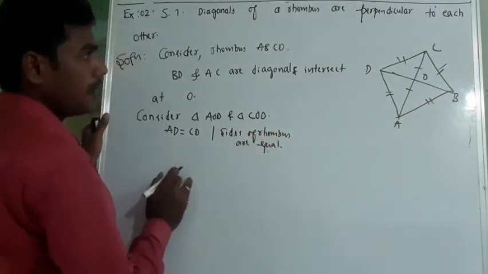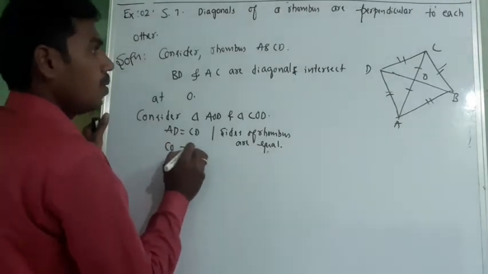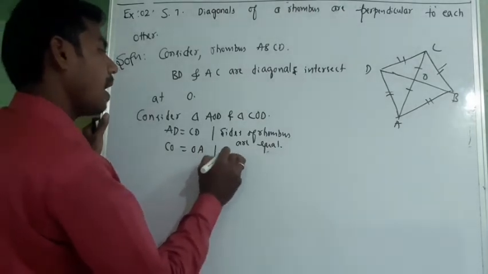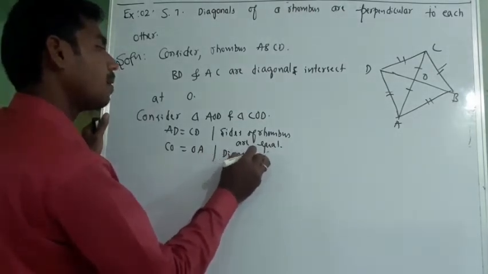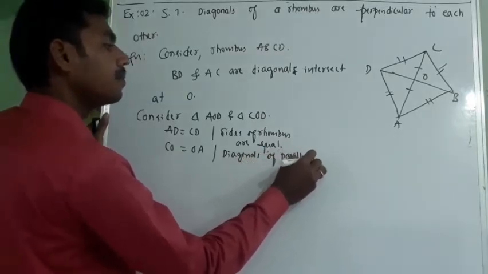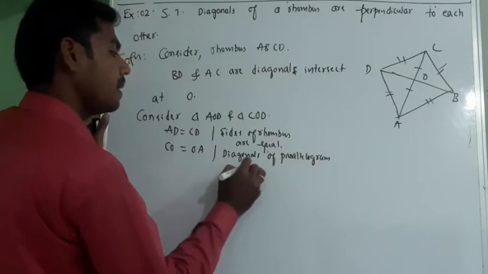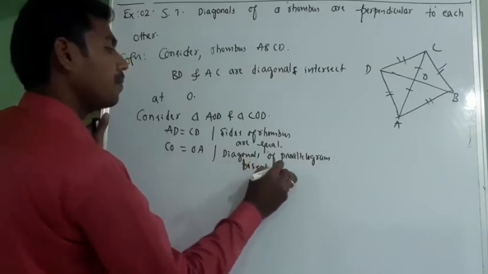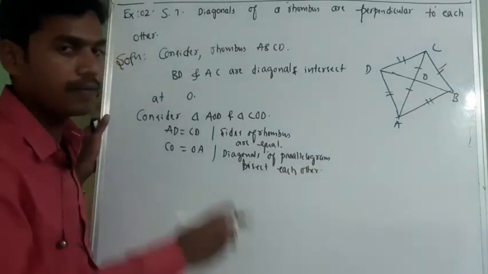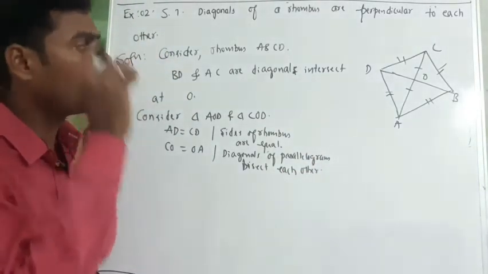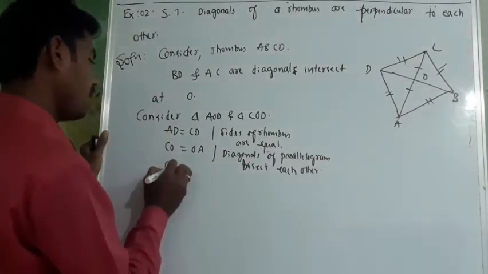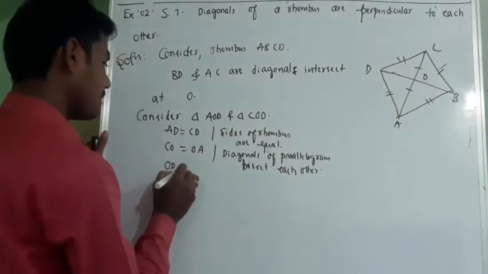Next, CO is equal to OA, because diagonals of a parallelogram bisect each other, and even a rhombus is a parallelogram. Whatever the properties are for a parallelogram will hold good for a rhombus. Next, OD is equal to OD, the common side.